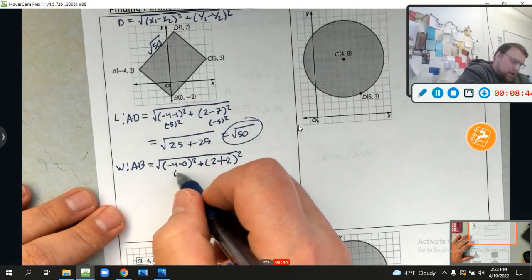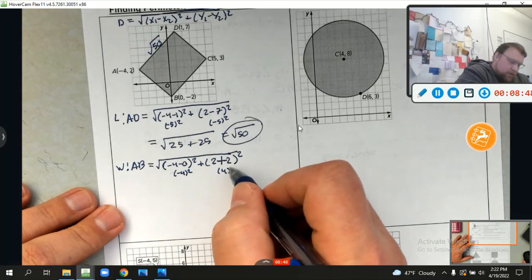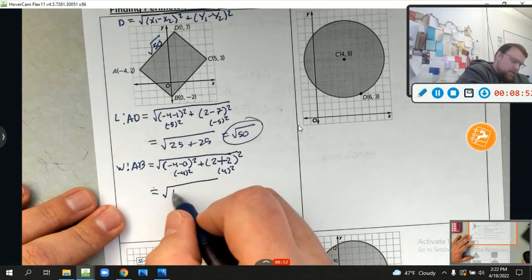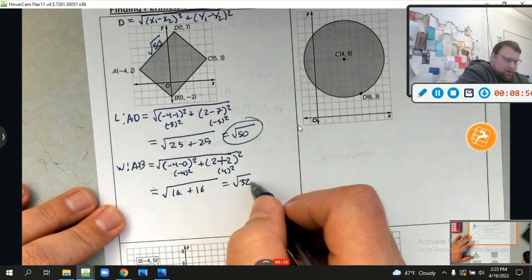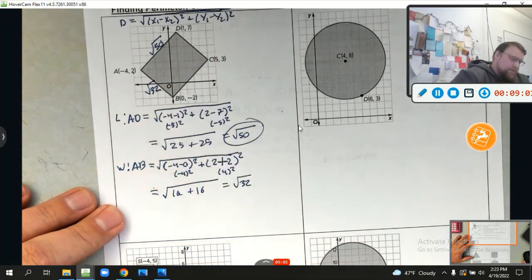So I end up with negative 4 squared, and over here I have 4 squared. So this is just going to equal the square root of 16 plus 16, which equals the square root of 32. So now I know my width is the square root of 32.